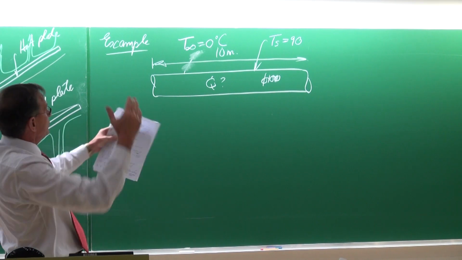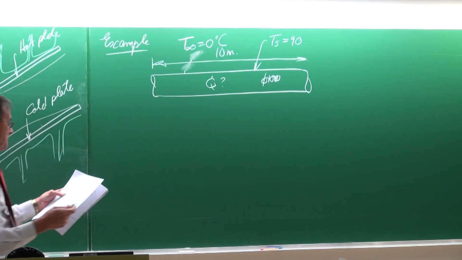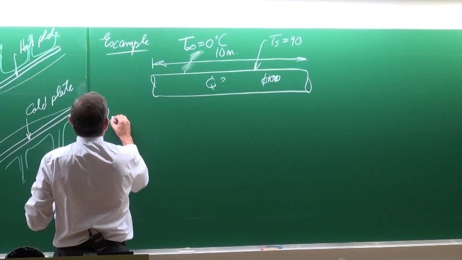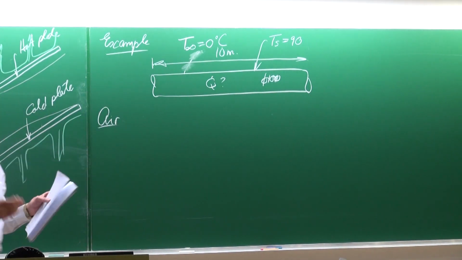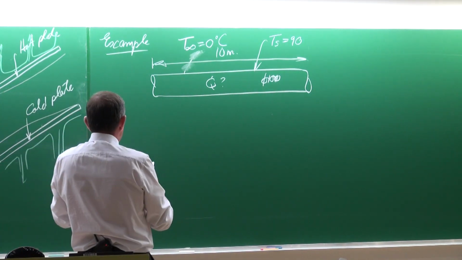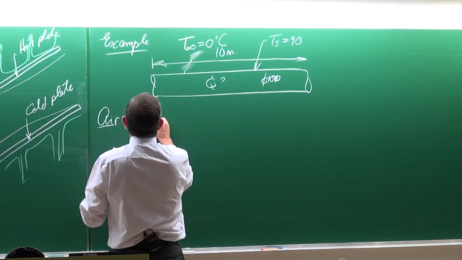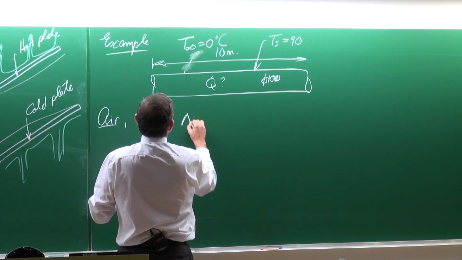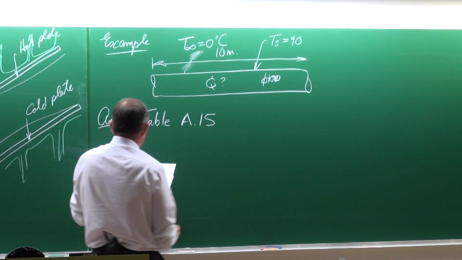Okay, so on the outside we've got air, and we need to get the properties for air. If you go and look in your textbook in table A15, you'll get the properties there.